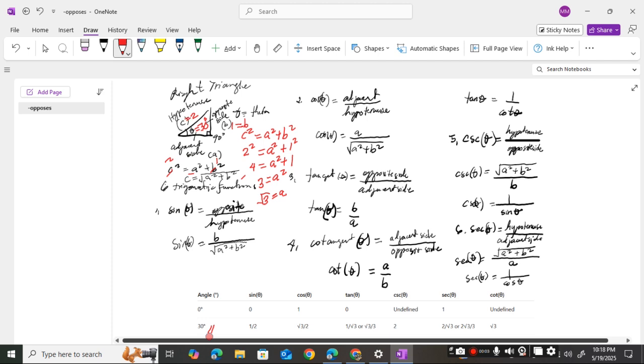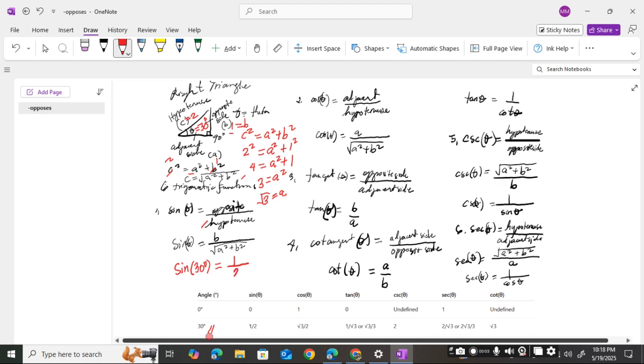All we need to do now is plug these constants into the corresponding 6 trigonometric functions. For example, our sine of theta, where theta is 30 degrees: our b, the opposite side, we assigned to be 1, so that's simply 1 over the hypotenuse, which we assigned to have a value of 2.